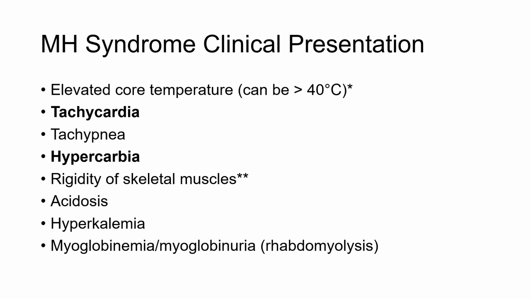The underlying cellular abnormality lies within the skeletal muscle cells, leading to activation of muscle contractile elements and hypermetabolism, hence the catabolic symptoms of rigidity and heat. Please note the temperature can rise quite rapidly, up to 1 degree Celsius every 5 minutes, and masseter muscle spasm is a relatively specific sign or should pique your interest in MH as a possible diagnosis.